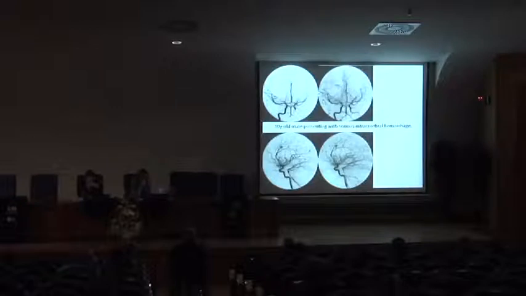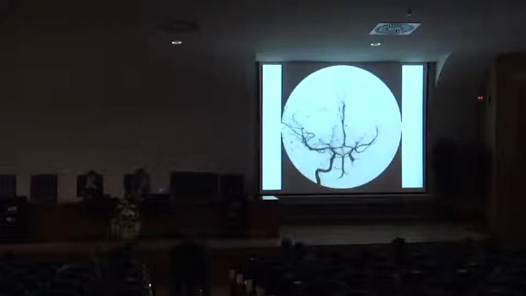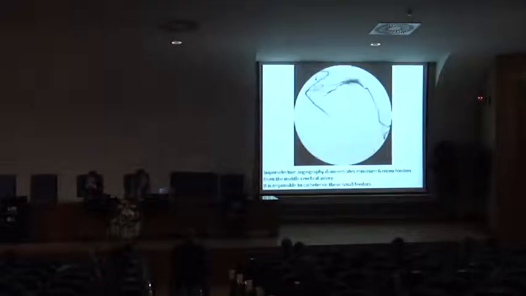This is a very small micro AVM. It's not simple for embolization. A 30-year-old maid presented with serious intracerebral hemorrhage. You can see this small malformation, and super selective angiography demonstrated minimum six microfeeders from the middle cerebral artery.